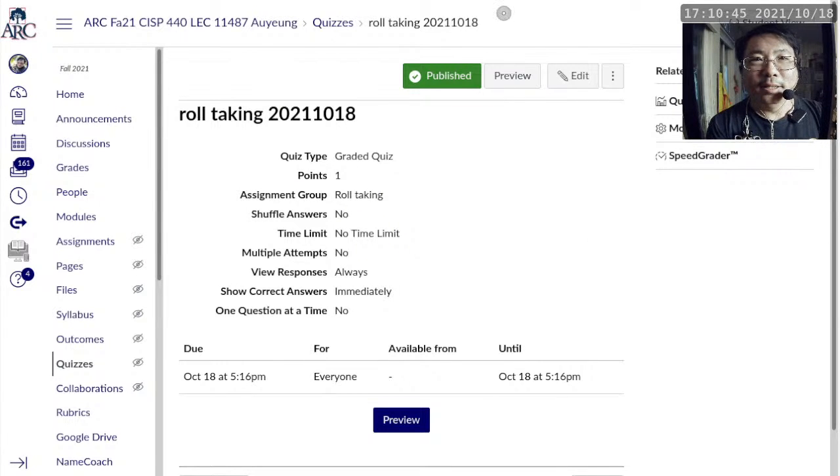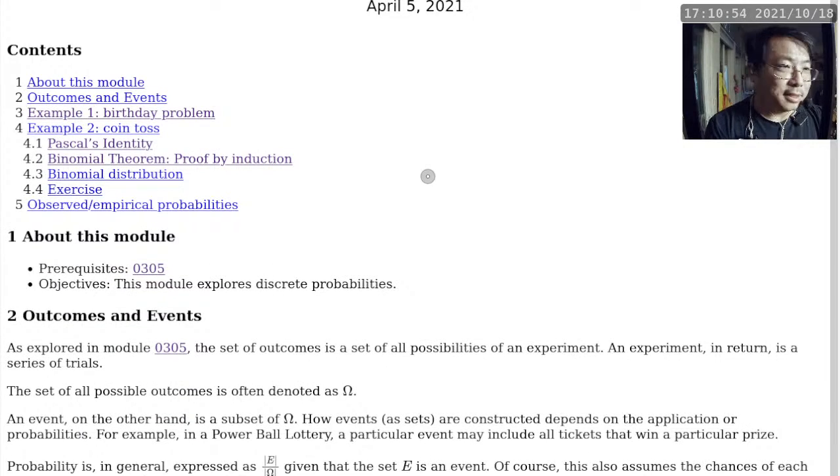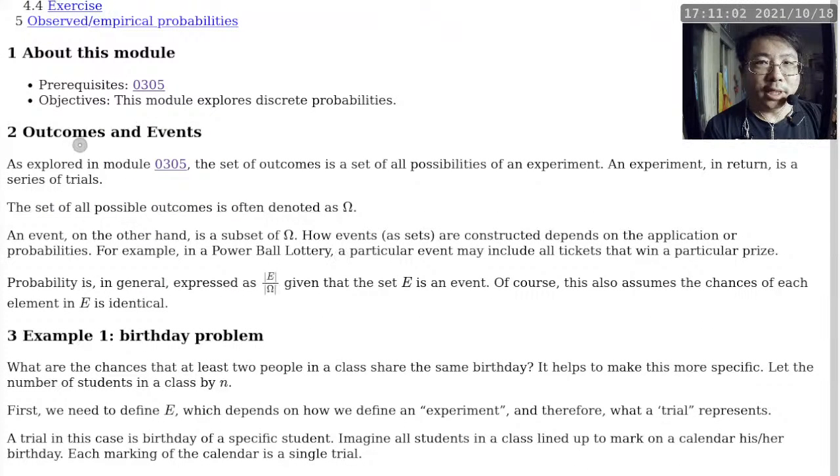All right, so now we're gonna get back to today's topic, finally. Today's topic is about probability. And when we talk about probability, we have to understand two things: outcomes and events. Outcomes we already covered.